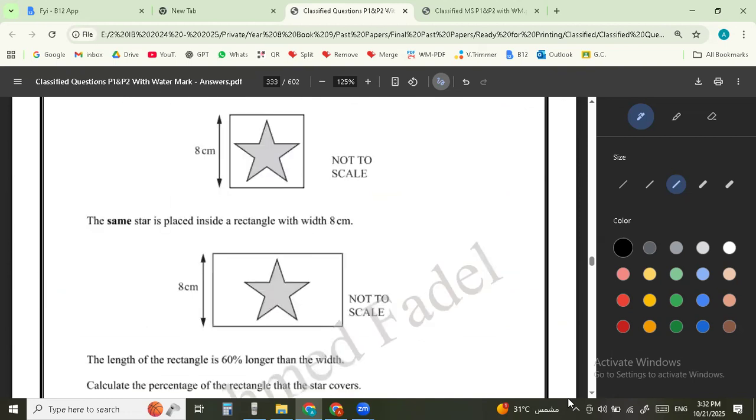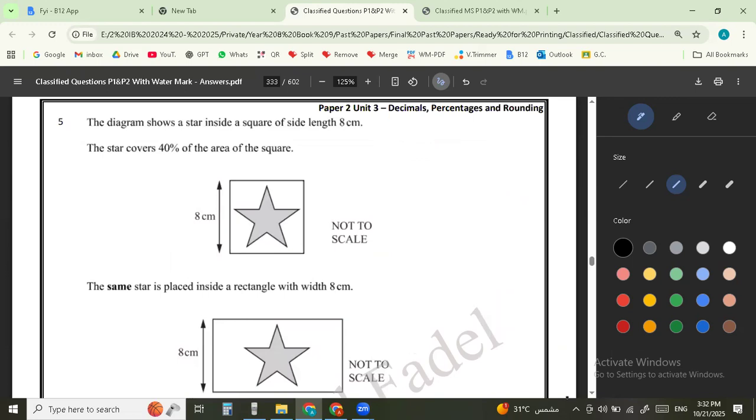In this question, it's saying to you, the diagram shows a star inside a square of side length 8 centimeters. The star covers 40% of the area of the square. Okay, the same star is placed inside a rectangle with width 8 centimeters. But let's first find here the area.